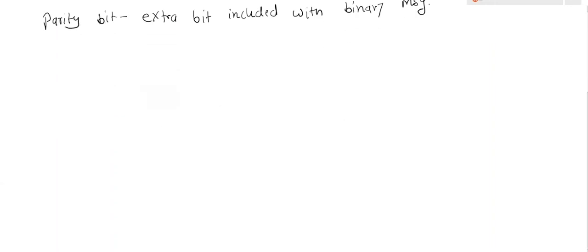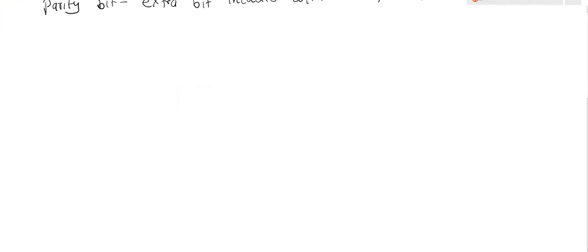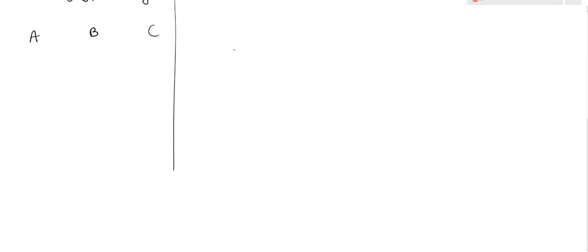Now let's consider a 3-bit message the sender or transmitter wants to send to the receiver. The 3-bit message has variables A, B and C. For example, a 3-bit message will have the possible combinations 000 to 111.